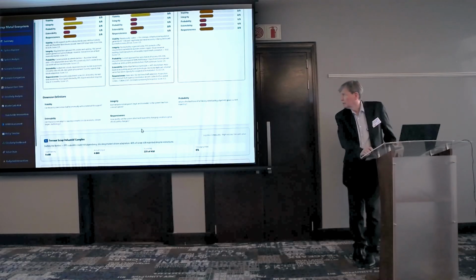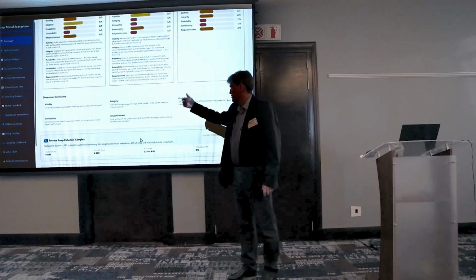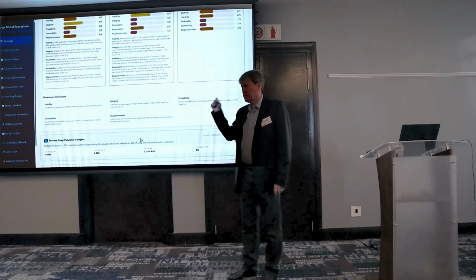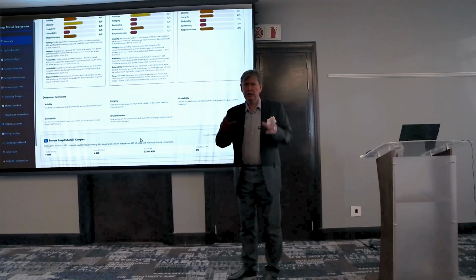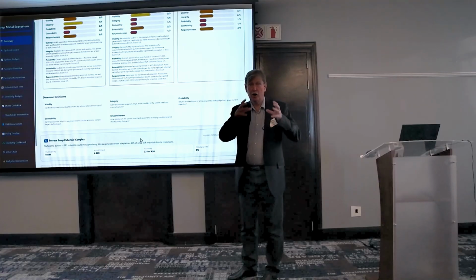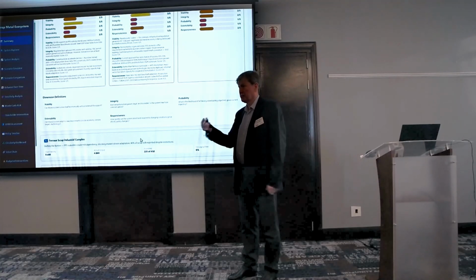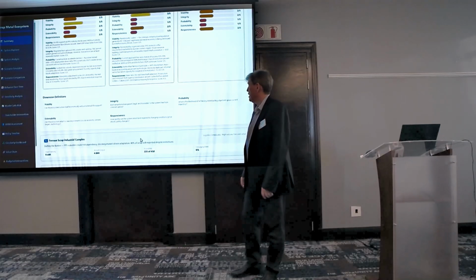It looks at the definitions: viability, integrity, probability, responsiveness, etc. This is something new coming out of this ecosystems work, looking at the viability of the ecosystem, and that's really beyond just the center of the enterprise.